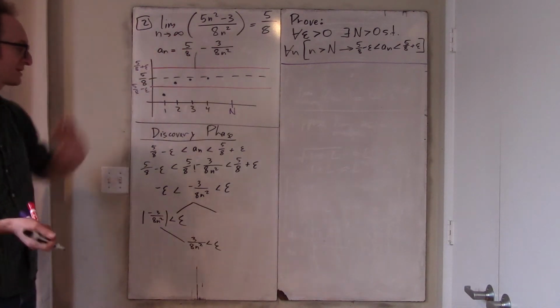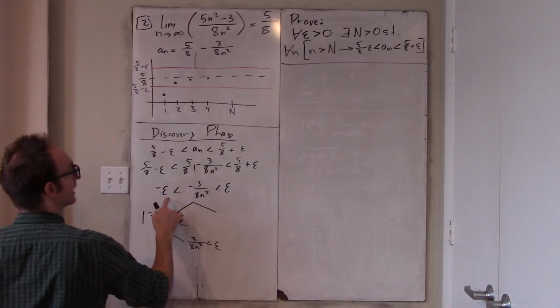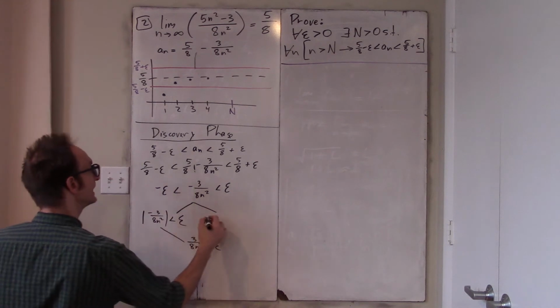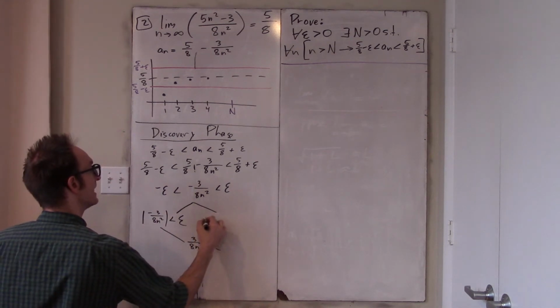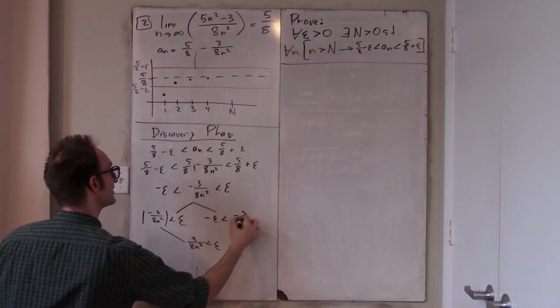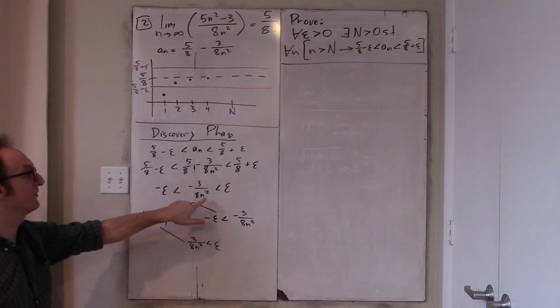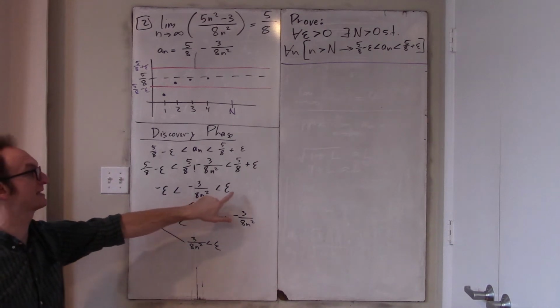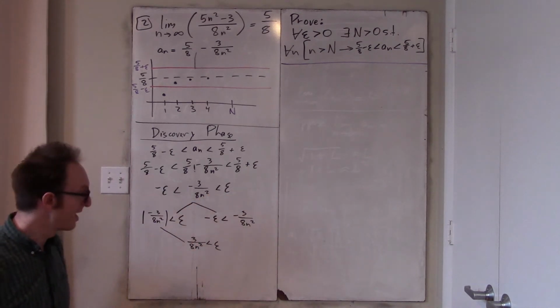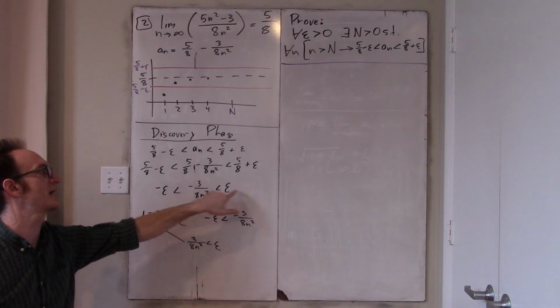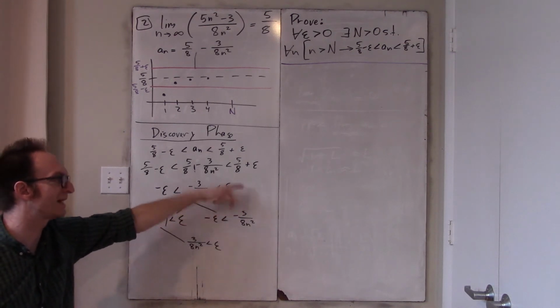The top half is totally irrelevant. Therefore, only the part that says negative epsilon is less than negative 3 over 8n squared is worth talking about. The fact that this negative number is less than epsilon is just a stupid thing to say. Of course this negative number is less than epsilon. Every negative number is less than any positive number.